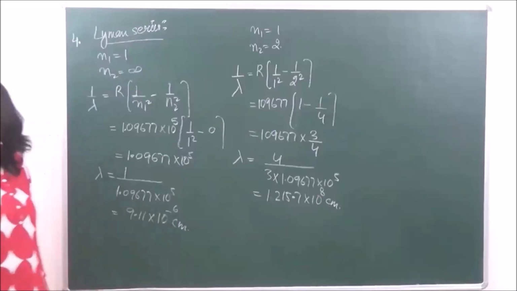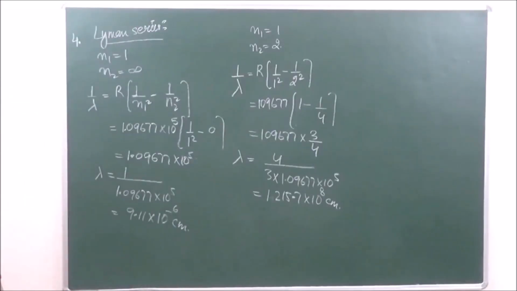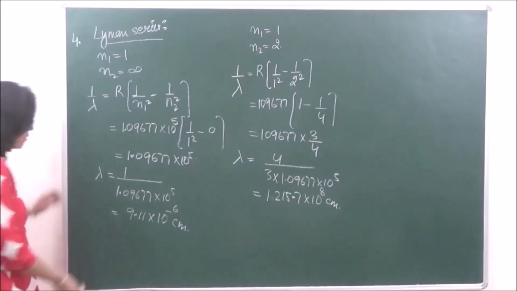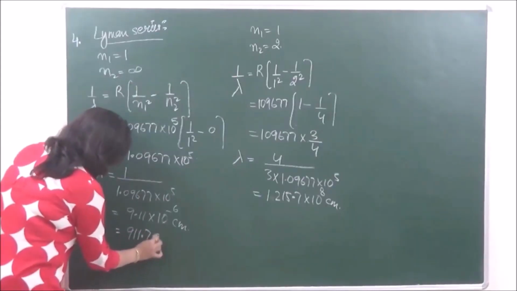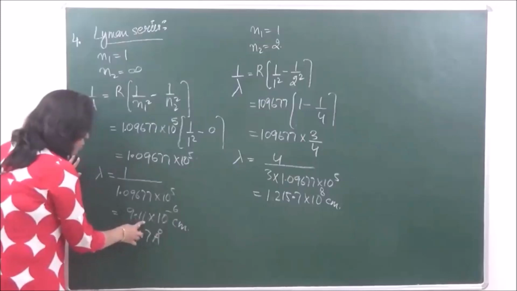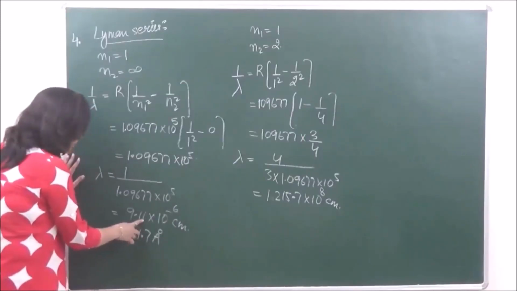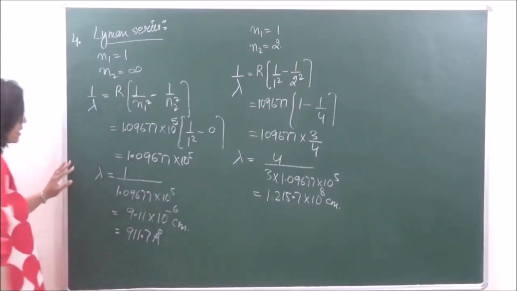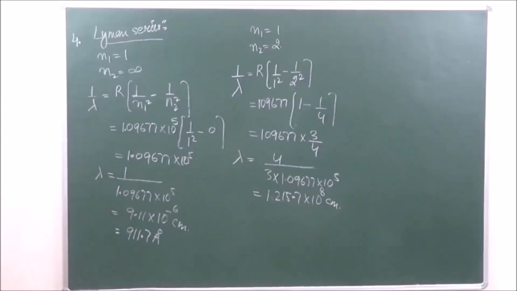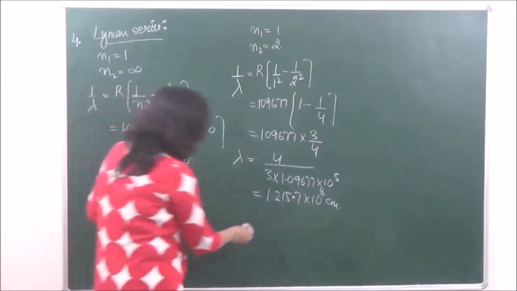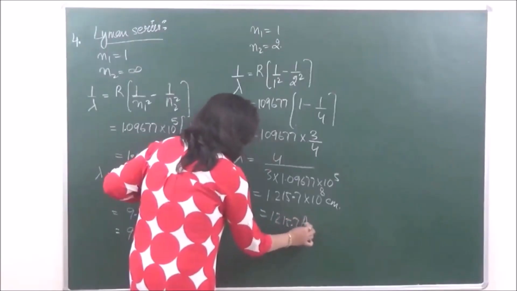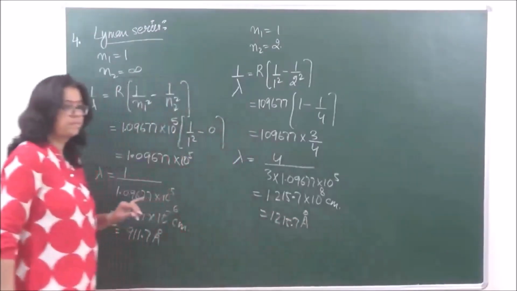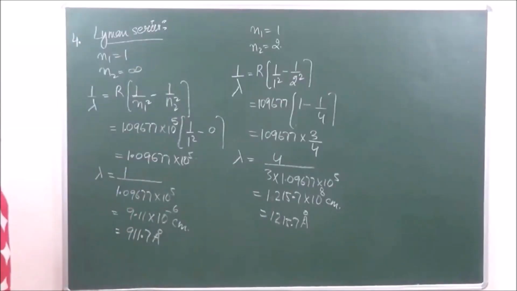So when you are converting it into Angstrom, lambda 1 will become equal to 911.7 Angstrom, since this is minus 6 and you displace the decimal by 2 places, and lambda 2 will become equal to 1215.7 Angstrom. Okay? So let's go on to the next question now.